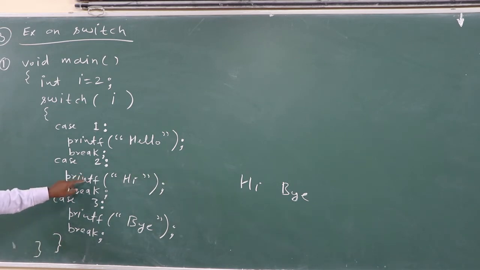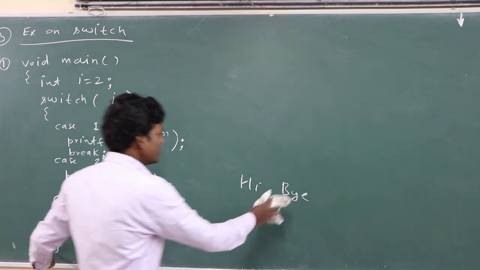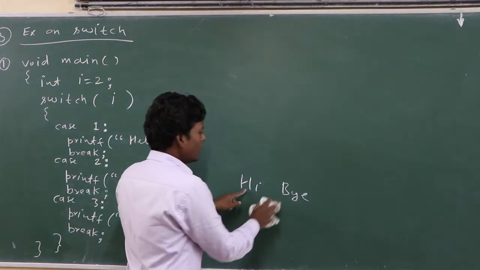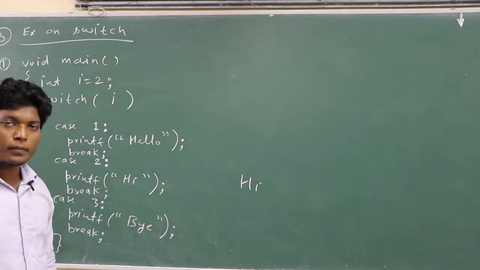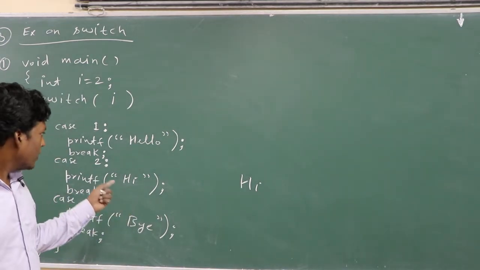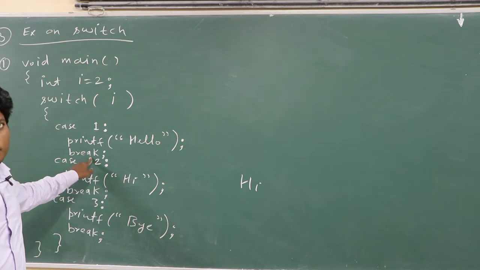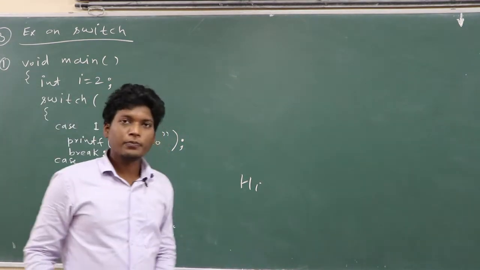So when control encounters break, it takes the control outside the switch statement, and the result is only hi. But in the previous program, when there is no break, the result is hi and by.